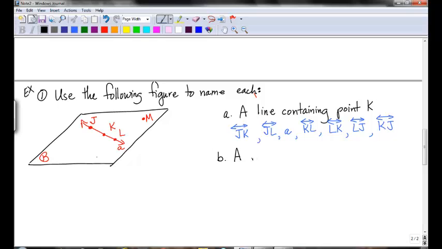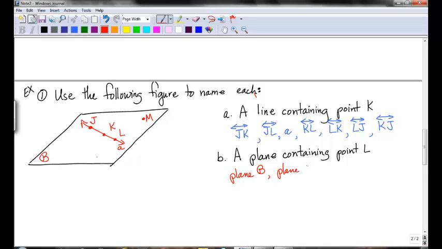They want you to name a plane containing point L. Raise your hands. One answer. There's more than one answer. Riley? What is it? Plane B. Yes. More. Plane JK.